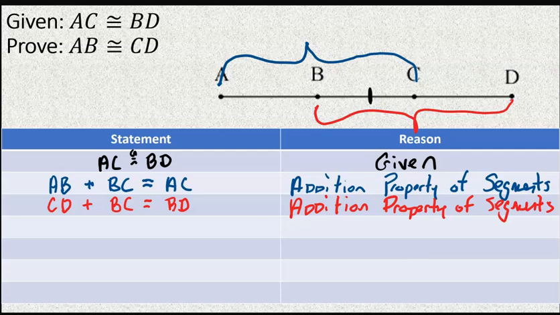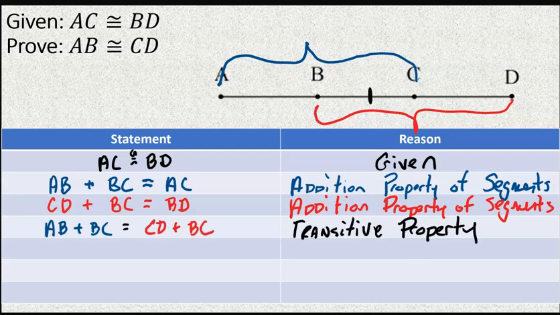Alright, now I'm going to employ the transitive property again. Okay, so I employed the transitive property by replacing AC with CD plus BC. I was able to do that because I was told from the start that AC is congruent to BD.